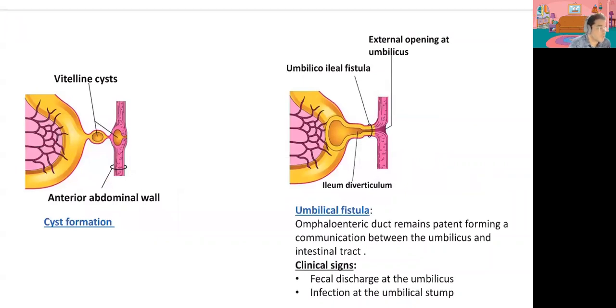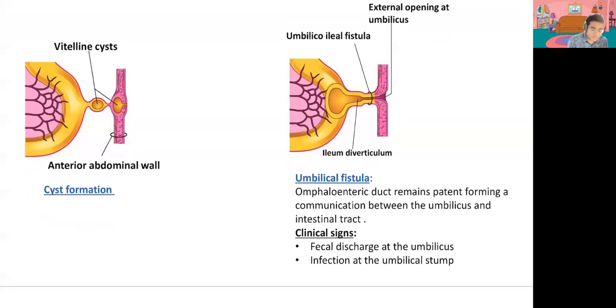Okay, what's the difference between a cyst and a duct? A cyst is basically a cavernous kind of structure as compared to a straight up fistula or communicating junction. Here it's a little sad to witness because the baby's first poop is going to be coming from their belly button, which is kind of wild because it's fecal discharge from the umbilicus.